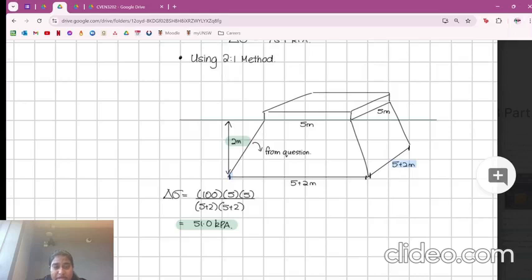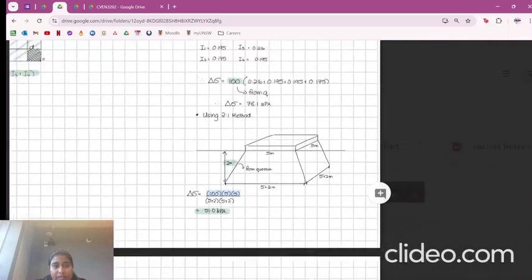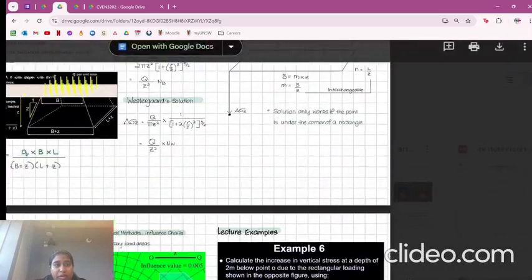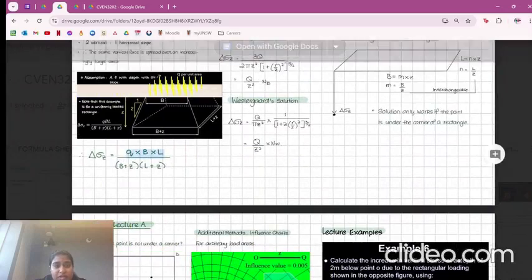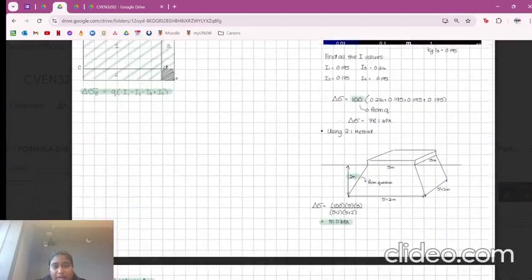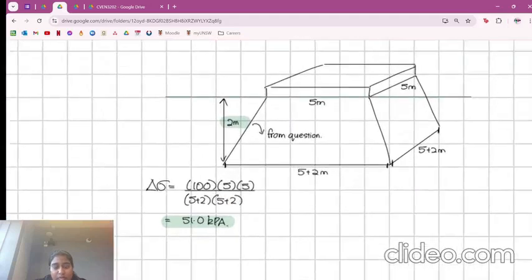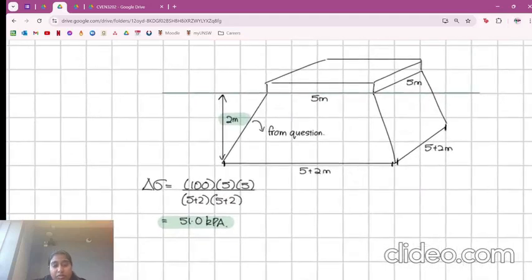So you can see here we've done the B plus Z times L plus Z. The 100 there, if you go back to the formula that we were looking at before, is your surcharge value. And then again, the B times L, that's your original breadth and your original length.